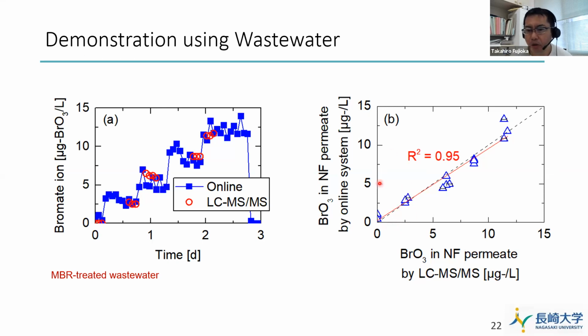This figure on the right-hand side shows the bromate ions in the permeate. The horizontal axis shows the data using conventional methods, and the vertical one is the concentrations determined using the online system. There are some variations, but basically there is a high correlation between the two, and that's probably good enough as an indicator.